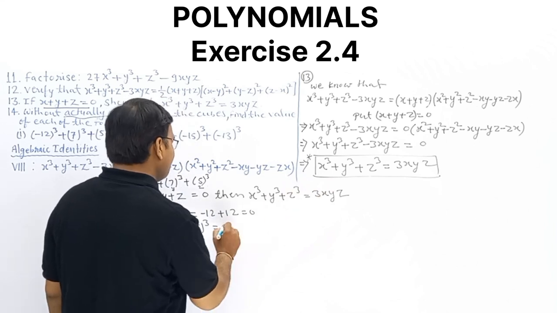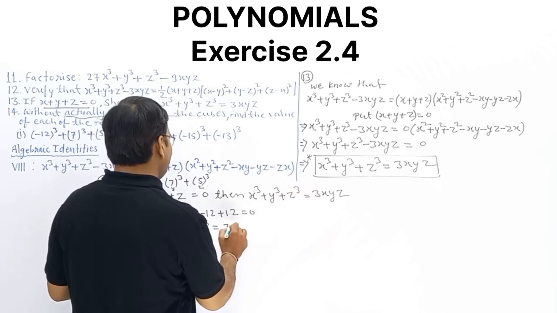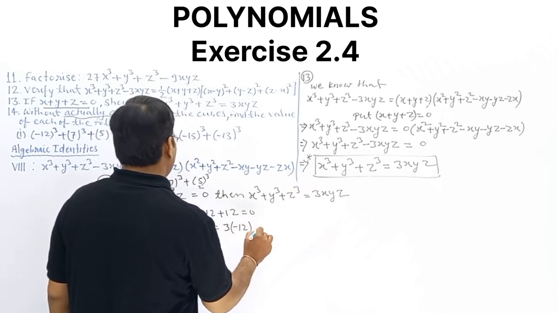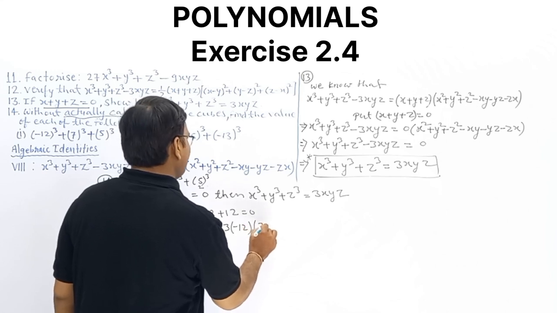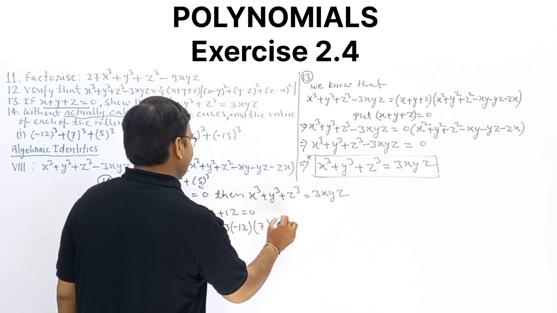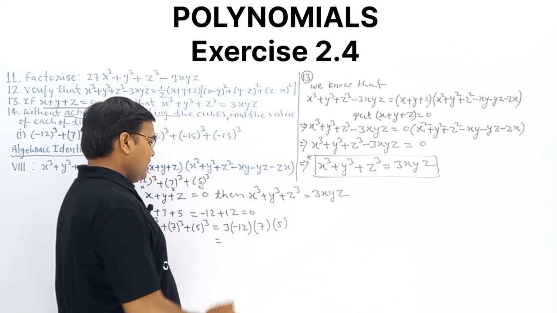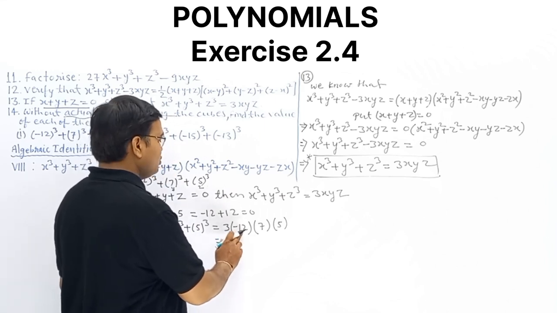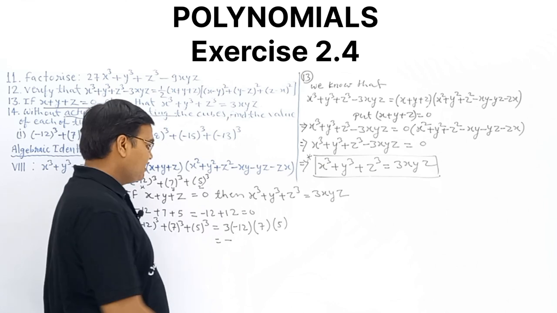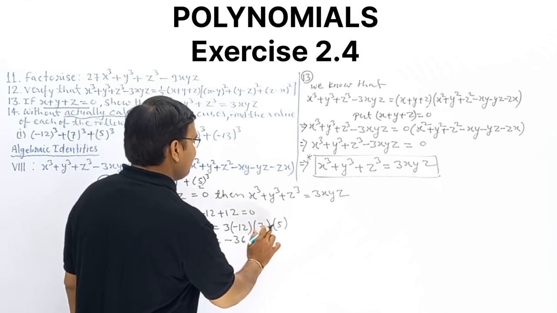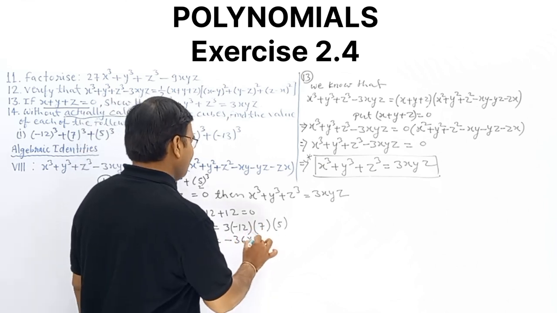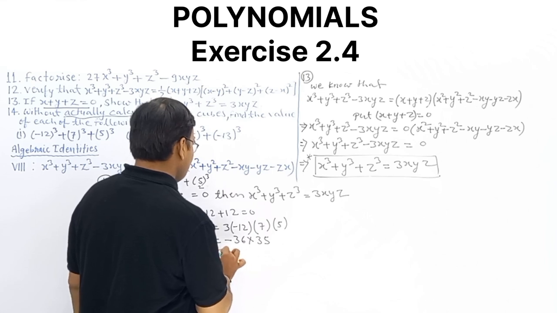It means x cube plus y cube plus z cube will be 3xyz. So this can be written as 3 times minus 12, y is 7 and z is 5. We multiply, and we get a negative result. 3 times 12 is 36, and 7 times 5 is 35. The result will be negative.